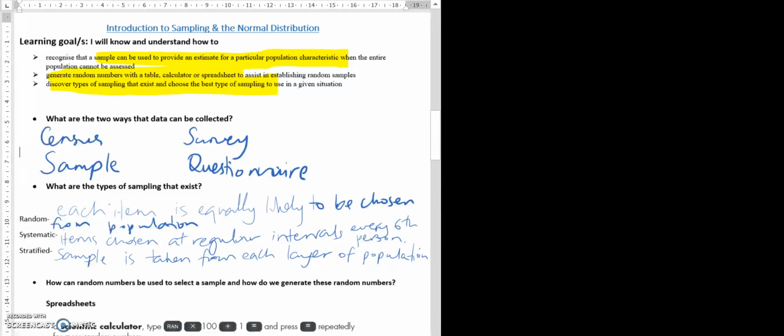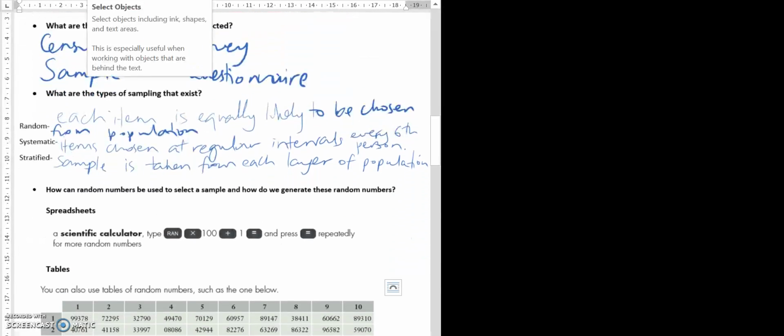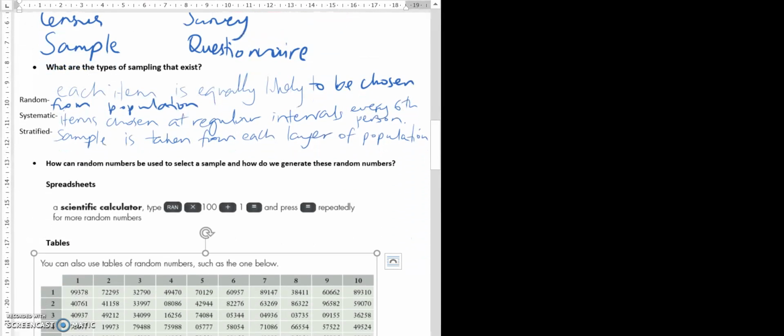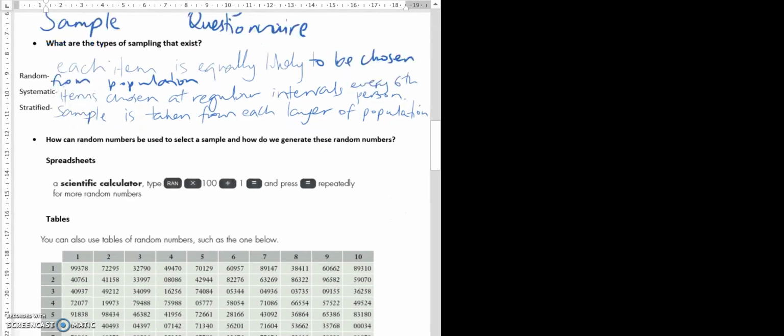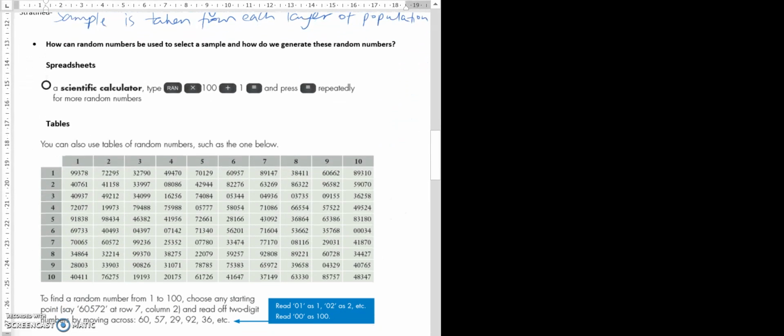Okay, so random numbers can help select a sample, and to be able to do that, it's quite easy in your calculator. You'll notice a little RAN button down the bottom, near the decimal point. Okay, so on your calculator, you're going to press Shift, decimal point, equals.